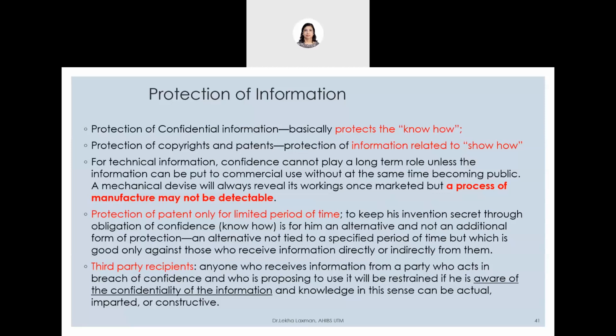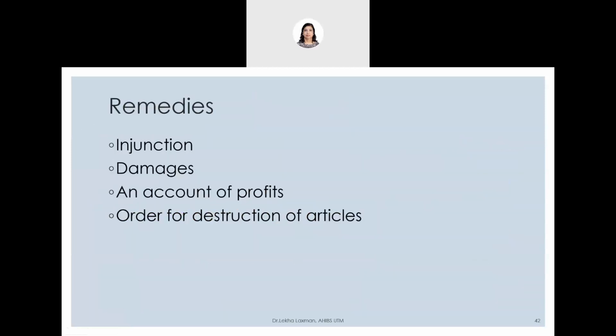And anyone who receives that information, such as a third party who acts in breach of confidence and who is proposing to use it, can be restrained through an injunction, especially if he knows that that information is confidential. Especially if you're a competitor, you will know that the information you are acquiring from, say, a former employee is confidential. So that person has recourse by bringing a legal action, and through an injunction can stop that person from using that information.